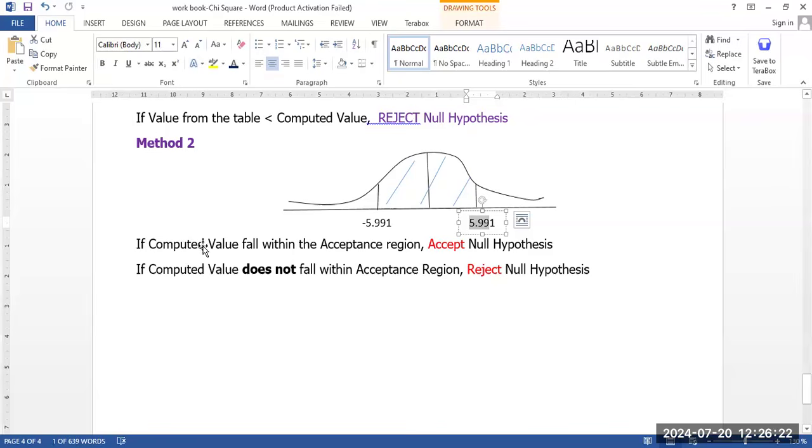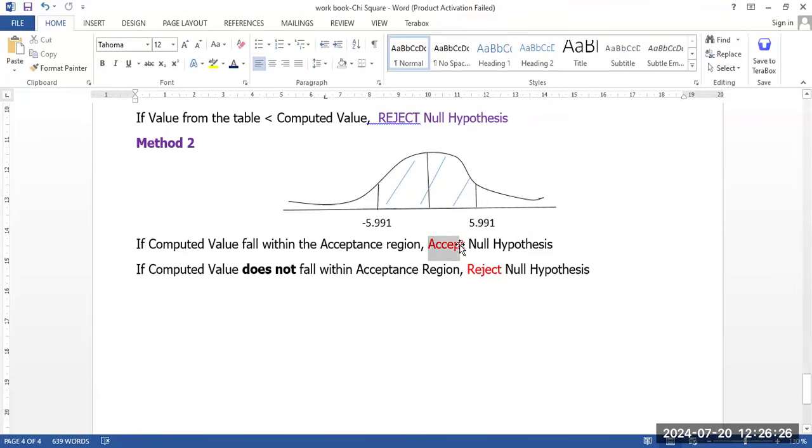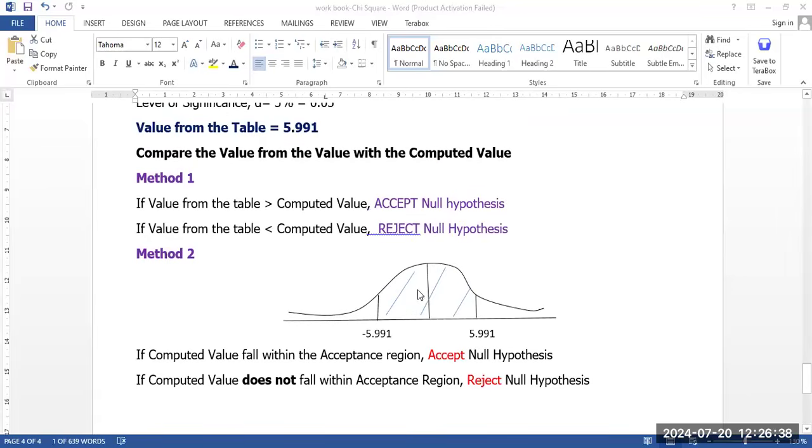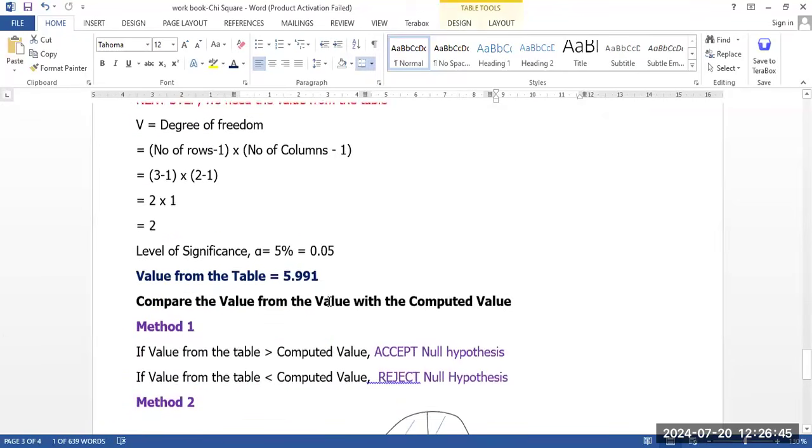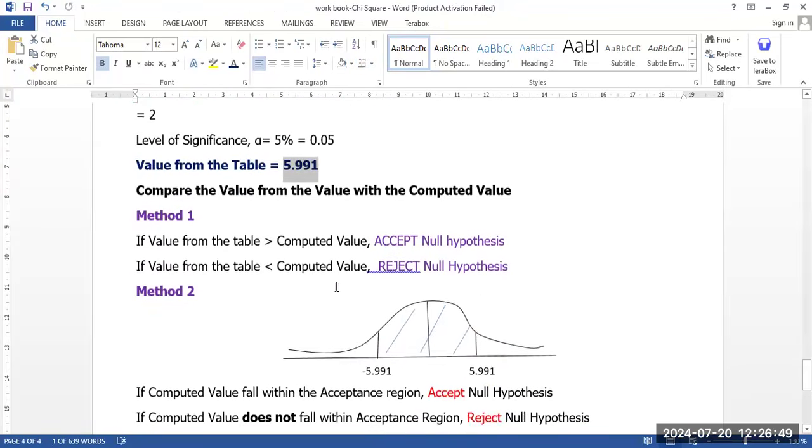And we said if the computed value falls within the acceptance region, we accept the null hypothesis. Is it clear, colleagues? Yes. We are not rejecting, because the computed value is 5.17 and the value from the table is 5.991.